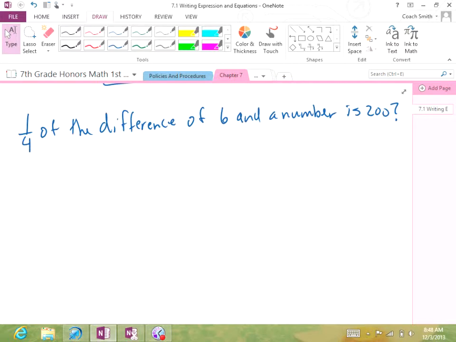Okay? 1/4 of the difference of 6 and a number is 200. So our key terms in this one are of, difference, is.